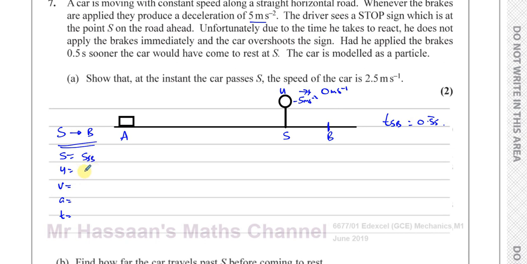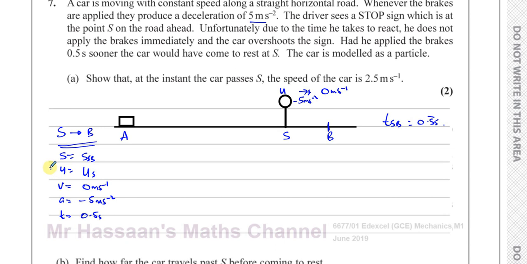U is the speed that we're trying to find, the speed of the car when it's at S. V is its final velocity, which is 0 meters per second. That's the velocity at B. A is -5 meters per second squared. That's the constant deceleration. And T is 0.5 seconds. So we have to show what U is.